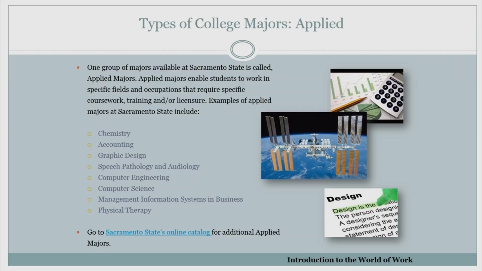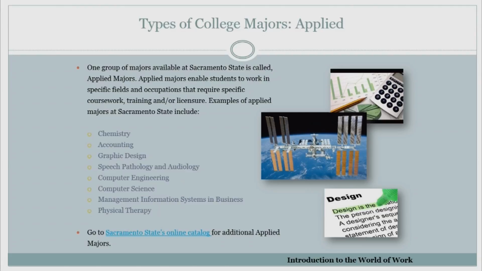So for example, chemistry, accounting, graphic design, computer engineering, these types of majors, there's many more than the ones that are listed here, but end up doing pretty closely in the world of work related to what they're studying and what they're learning in their major.